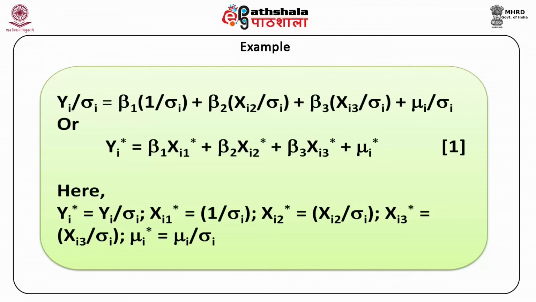Now we can apply the OLS estimator to the transformed model. This method of applying the OLS estimator to the transformed model is called the GLS estimator. That is, run an OLS regression of y star on x1 star, x2 star, and x3 star. Note that the transformed model does not include an intercept term in the regression.